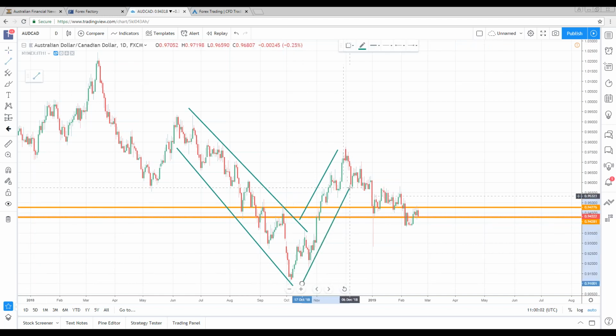Why did the Australian dollar start to go up? If you compare when steel prices and iron ore prices started to recover, you'll see this technical analysis shift matched the shift in rising steel and iron ore prices. China had some new environmental rules kick in where they had to use a higher grade of iron ore.